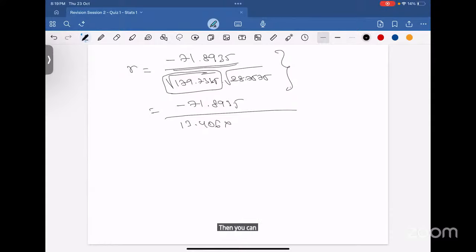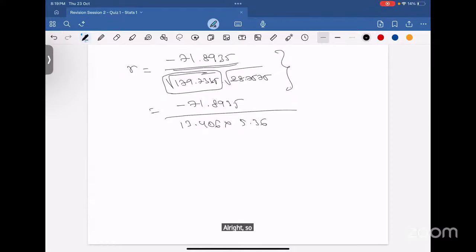Then you can compute the square root of 28.7575, which is coming out to be 5.36. Right?